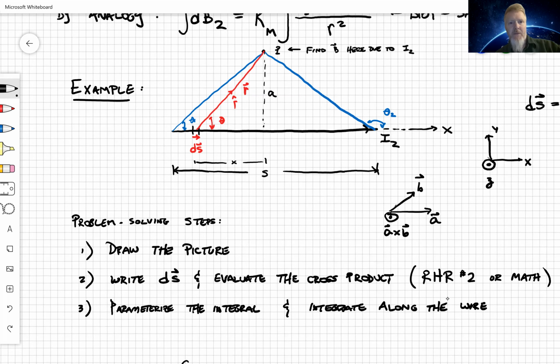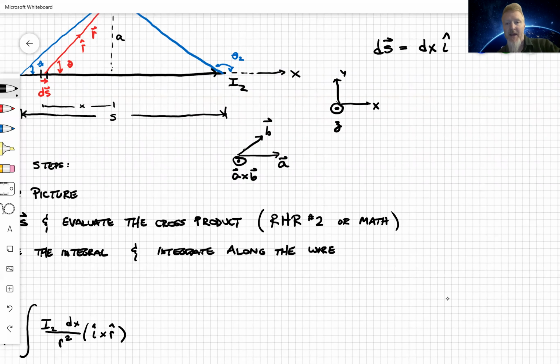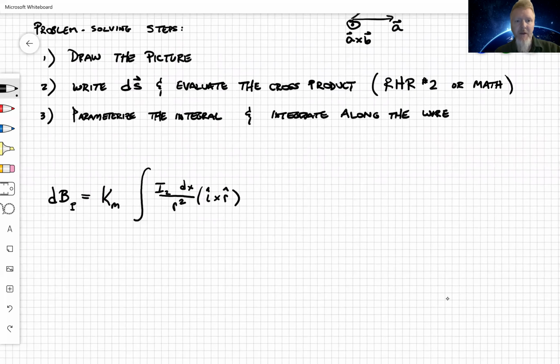So that's going to be the Z direction for me, right? Because if I look at X, Y, and Z here, my Z is the one that's pointed out of the page. So this thing is going to become k magnetic integrated I2 dx over r squared times the result of the cross product, which is a sine, because these two things, I hat cross r hat, they're not at right angles to each other, right?